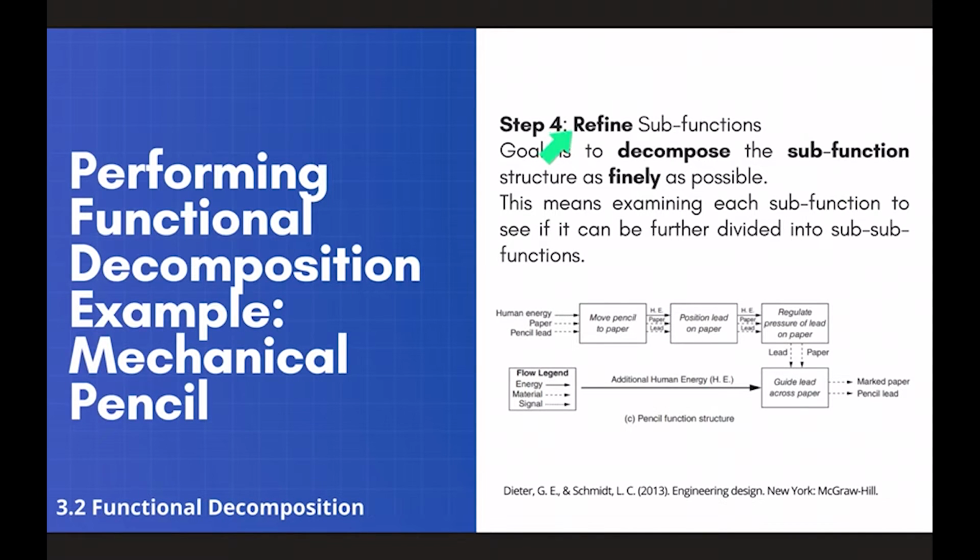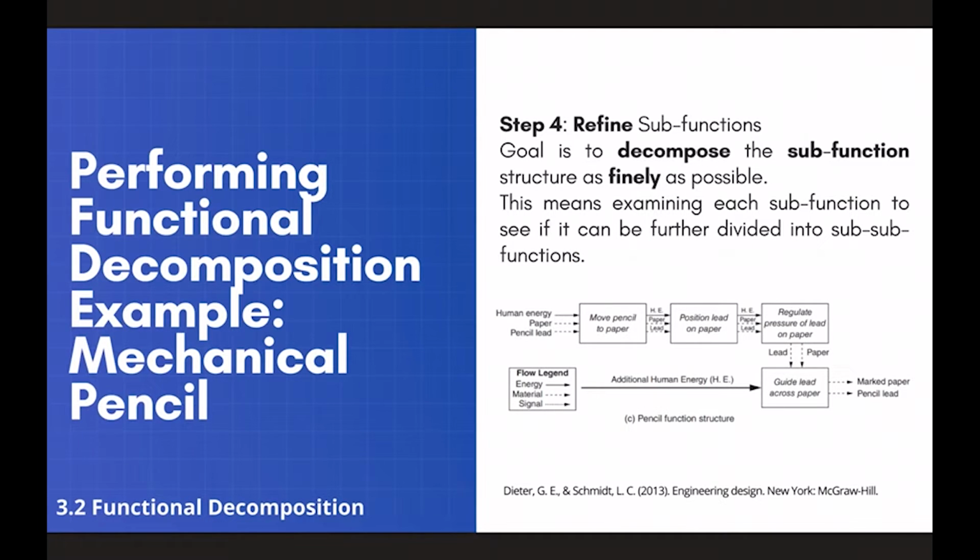In step 4, we will try to refine the sub-functions. The goal is to decompose the sub-function structure as finely as possible. This means examining each sub-function to see if it can be further divided into smaller sub-functions.